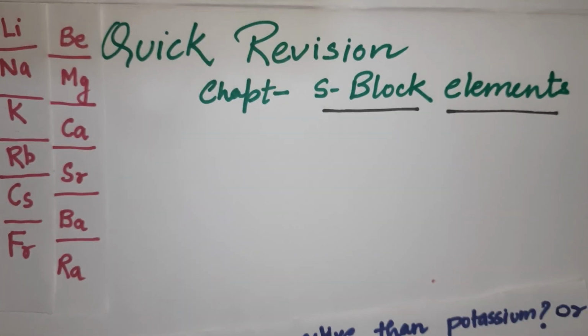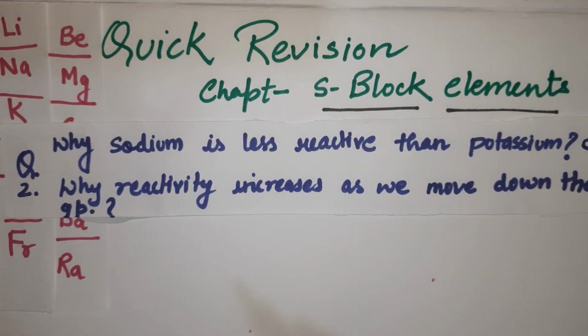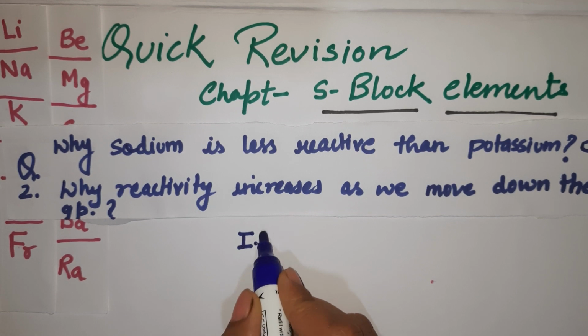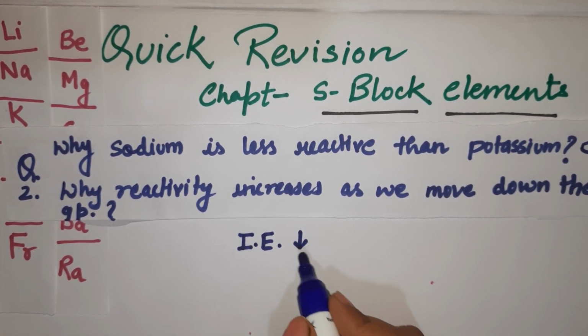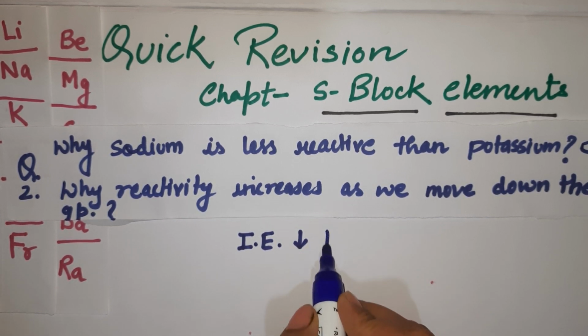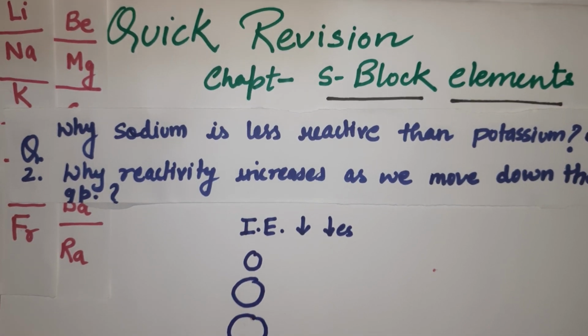So we all know one trend of ionization enthalpy: when we move down the group, the ionization enthalpy decreases, because the size increases as we move down the group.